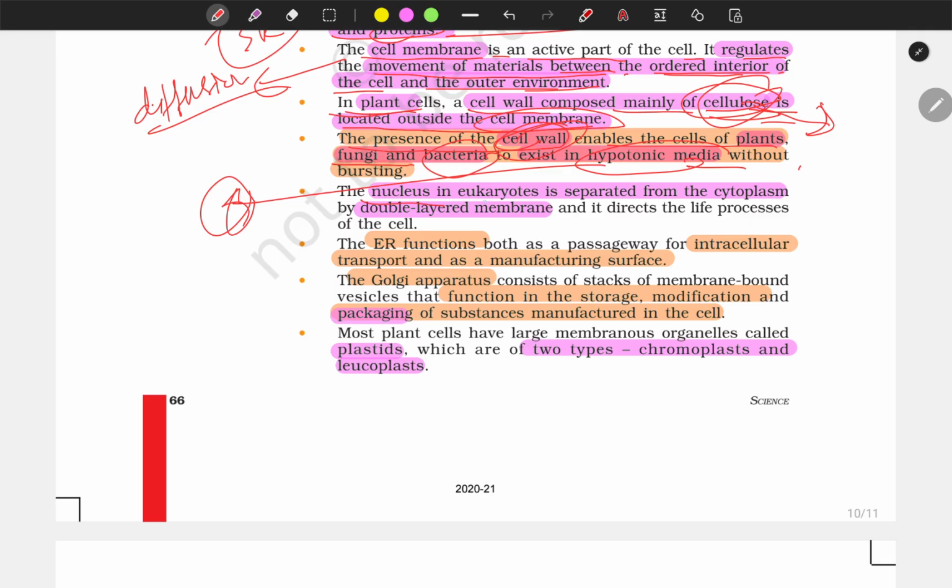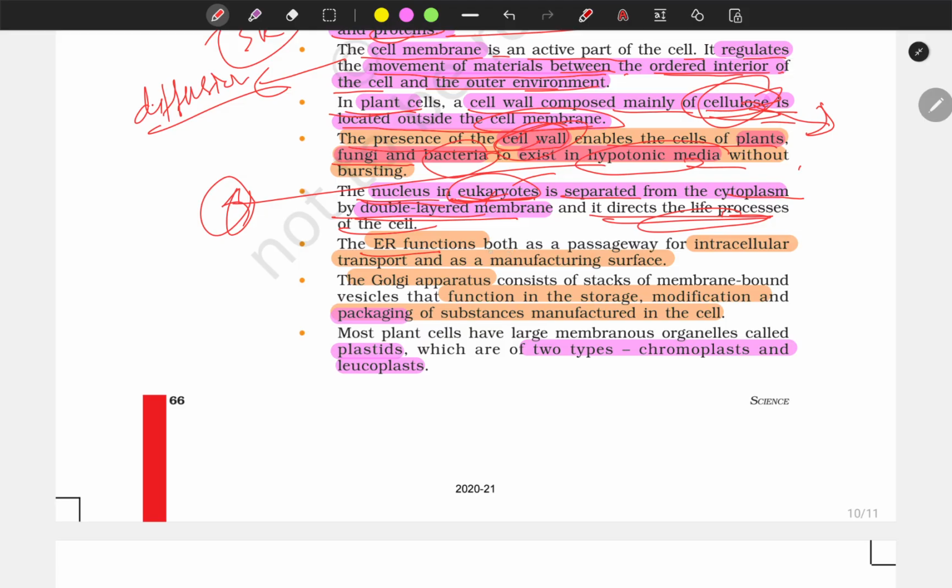The nucleus in eukaryotic cells is separate from the cytoplasm, and it was not separate in prokaryotic cells. Bacteria are also prokaryotic. A double layered membrane is there in a eukaryotic cell. It directs the life process by cell divisions.